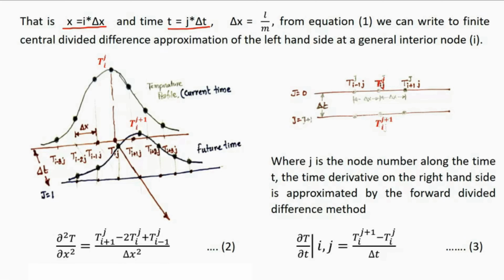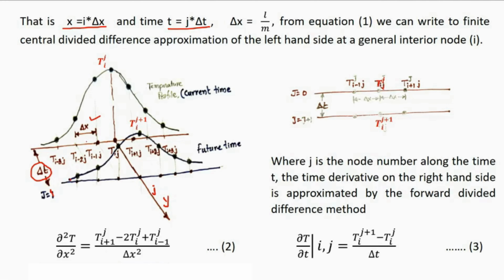That temperature variation is dealt with respect to delta x, and parallelly there is one more axis, which will be referred to, for example, as the y-axis, and it is represented by the j parameter. This increment is represented with delta t time period at j equal to 1.